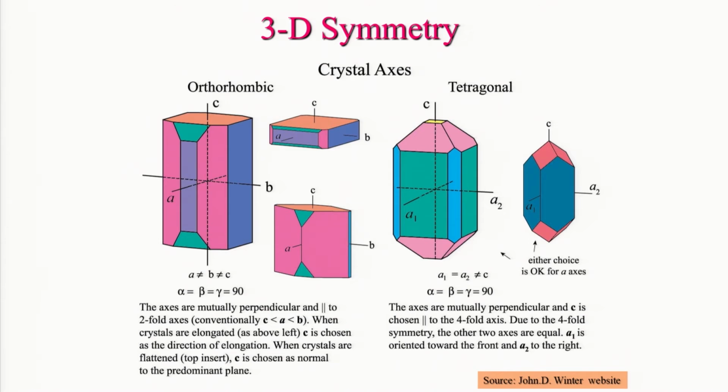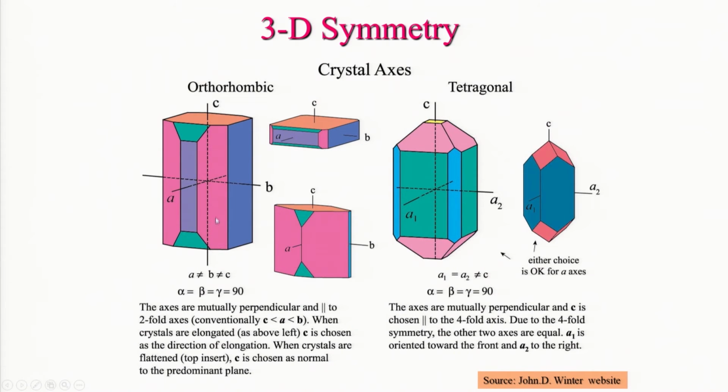Now, let us show the orientation of the axes in these two crystal systems that we have learned now, orthorhombic and tetragonal. If these are the different crystal faces that have been shown in this orthorhombic crystal system, this is your A direction, A is perpendicular to this crystal face that has been shown here, B is perpendicular to this crystal face here, and C is perpendicular to this crystal face here.